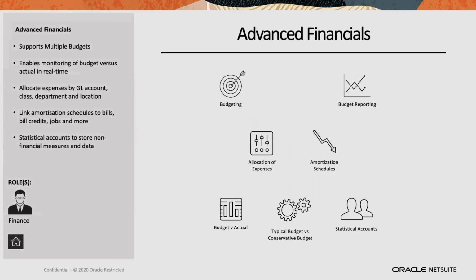Okay, advanced financials. NetSuite Advanced Financials brings added functionality to NetSuite, such as budgeting, the ability to quickly allocate central expenses like rent and power across departments. It facilitates amortization and provides you with statistical accounts for non-financial data such as headcount.